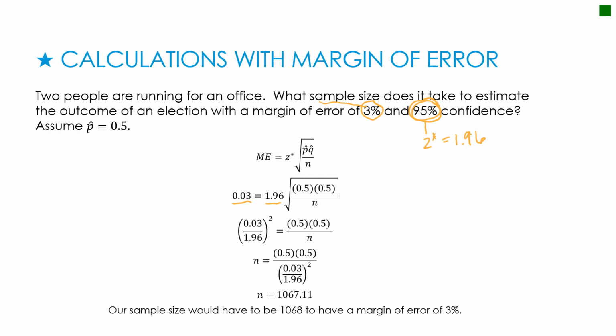And then again, I'm just doing the same algebra that we did before. I'm dividing each side by 1.96 to get to this point. I'm squaring each side then, and then I'm dividing each side by the squared value, and I get 1067.11. Notice because it's a person, I've rounded up, and that's pretty standard practice, to round up when it's people.